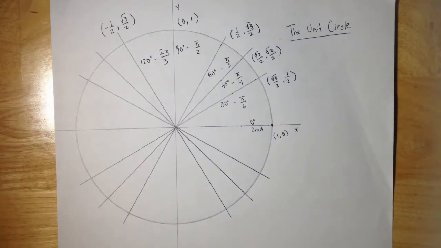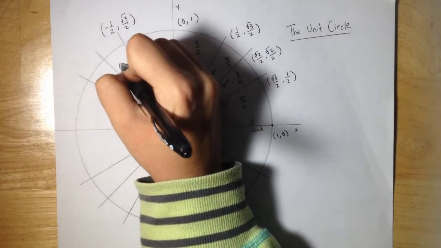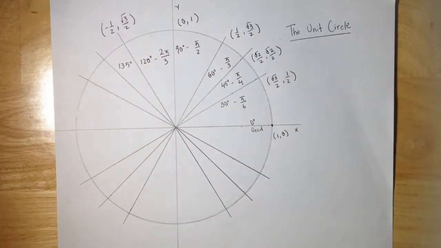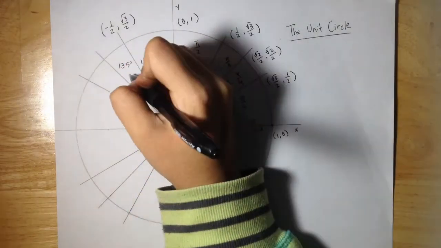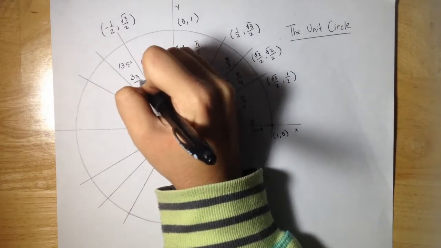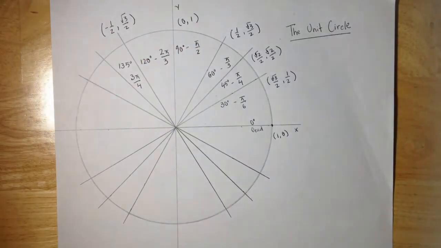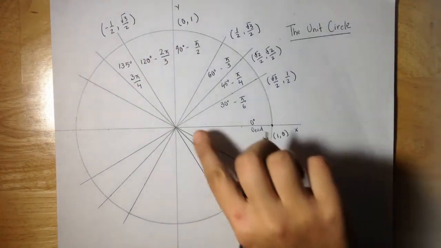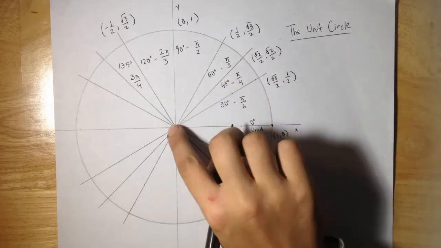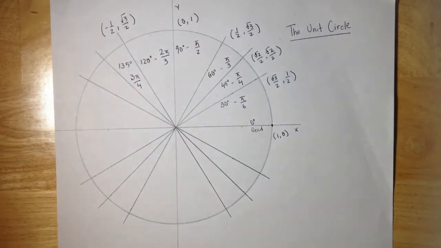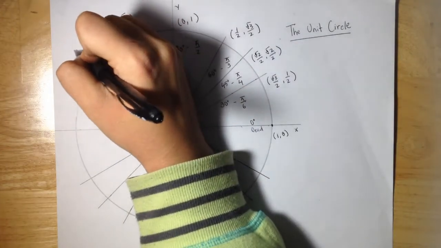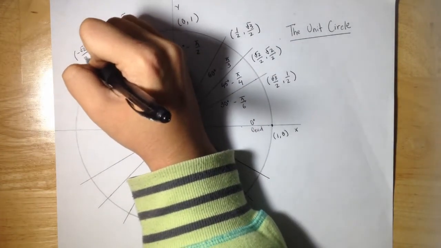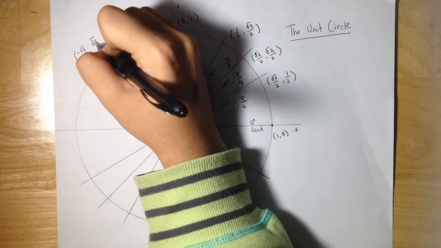Next angle is 135 degrees, which is 3 pi over 4 radians. The coordinates are the same as the coordinates for this, but with the negative x-axis. So negative radical 2 over 2, positive radical 2 over 2.